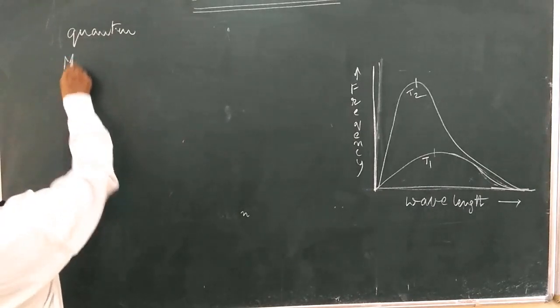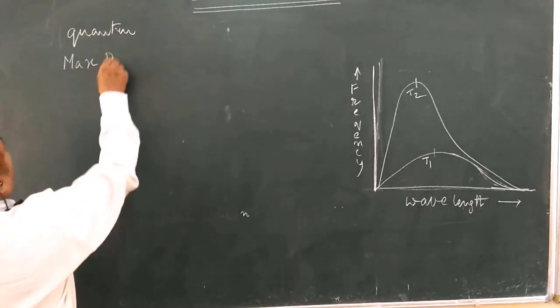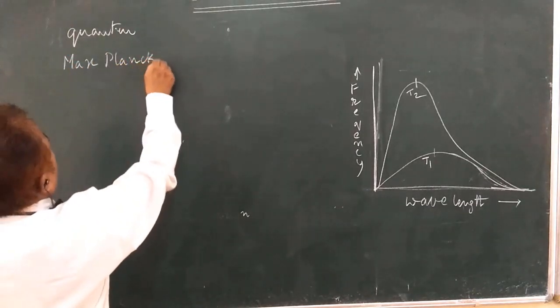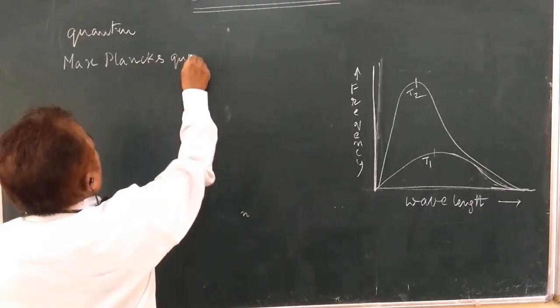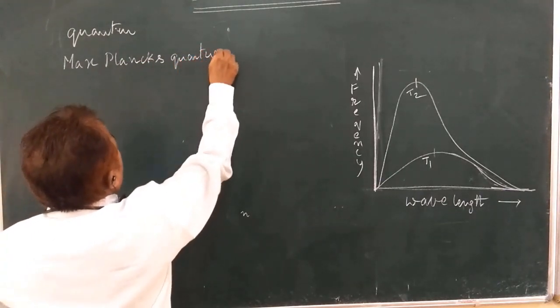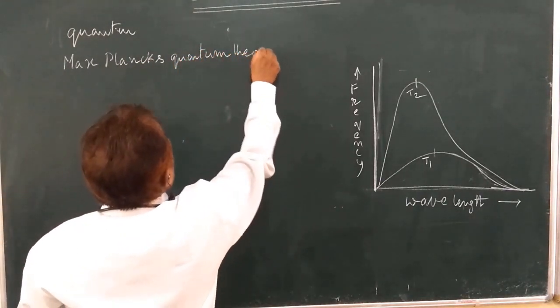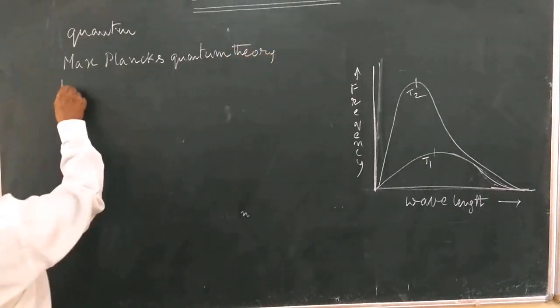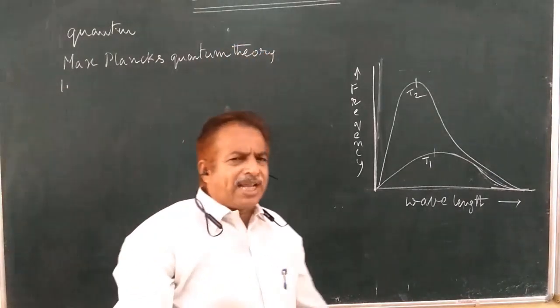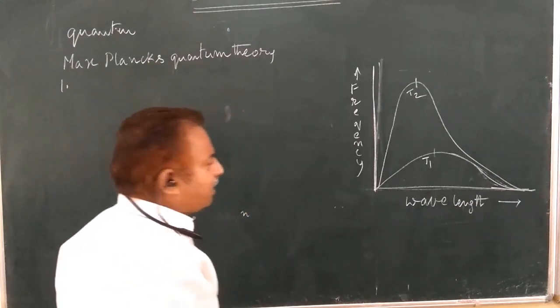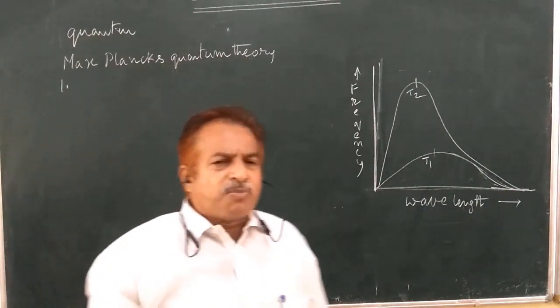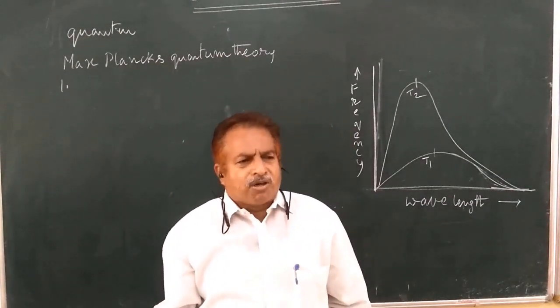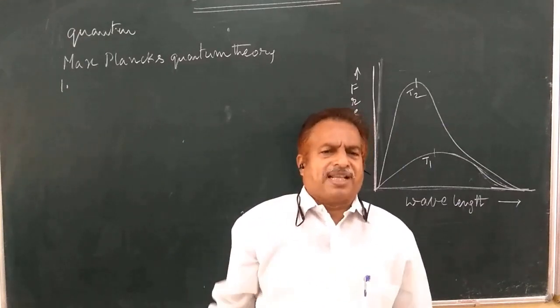So, let us see Max Planck's quantum theory. The important points of Max Planck's quantum theory: energy is absorbed or radiated by any body in a discontinuous manner.